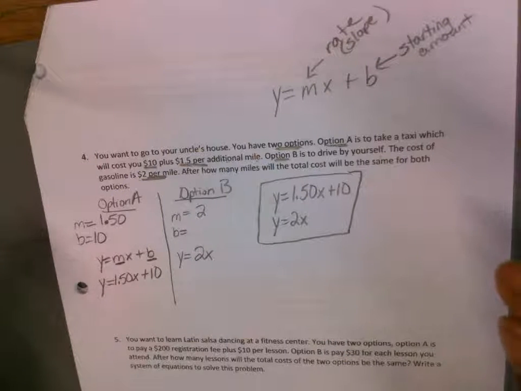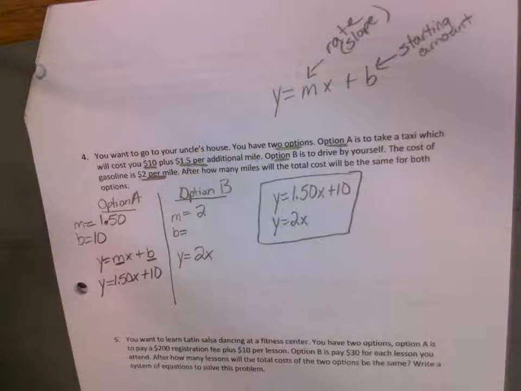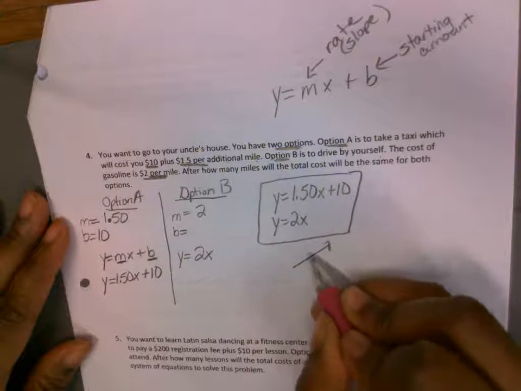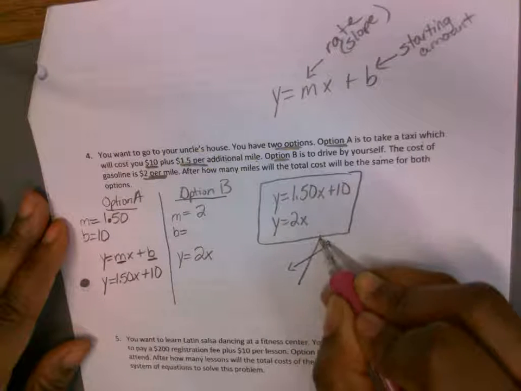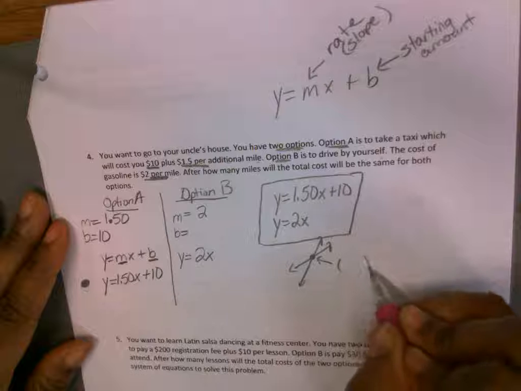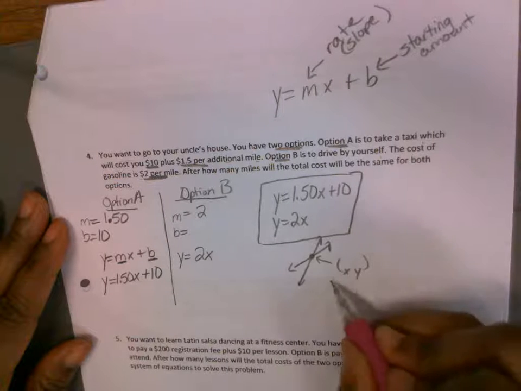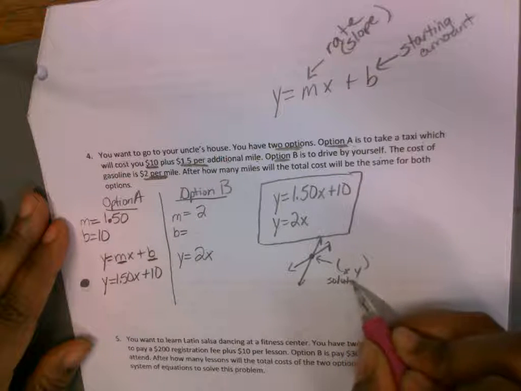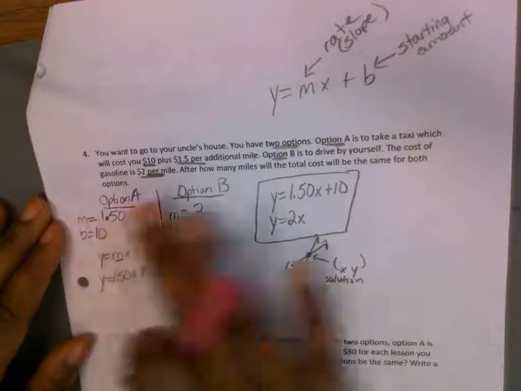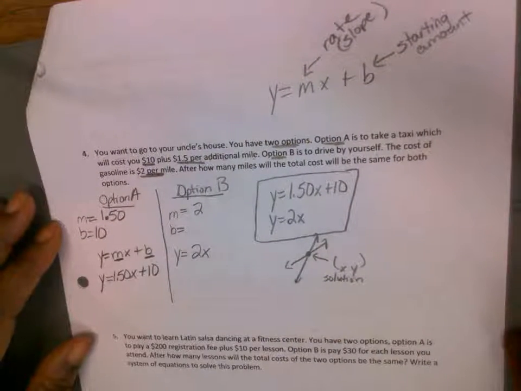Now we have to figure out where these lines cross each other. When I graph these two lines on a coordinate plane, where do they cross? This would be the solution. Whatever this x, y value is, this is going to be my solution wherever they cross. So that's how you solve. Go ahead and copy this part right here, and then we're going to solve it. I'm going to pause for the calls.